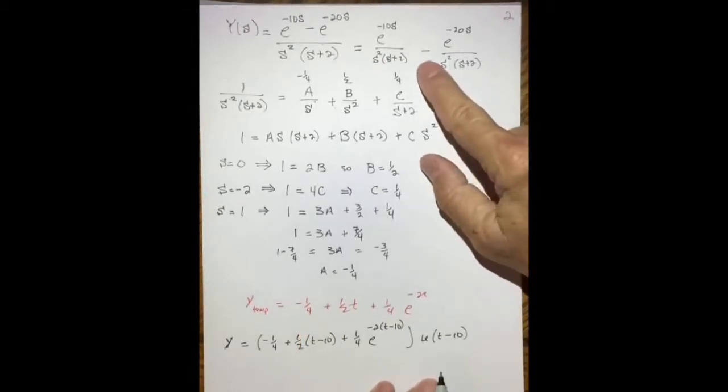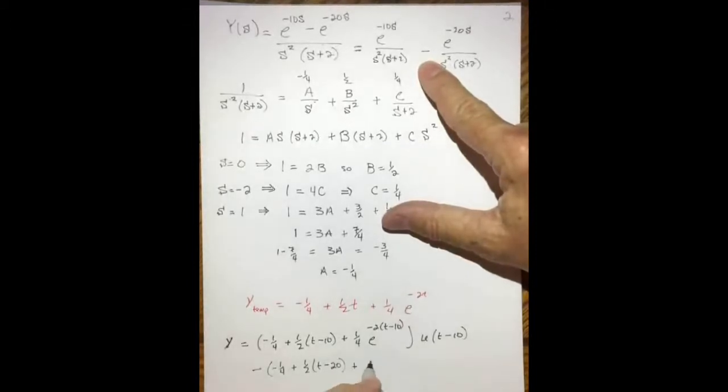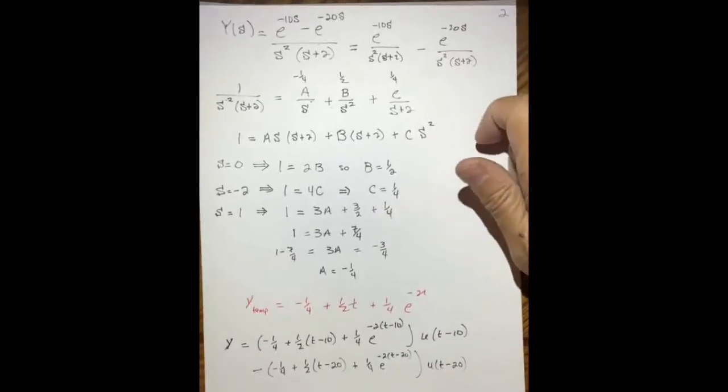Now up here we have a minus. So minus, now it's going to be the same thing, except this time I'm going to replace the t with t minus 20. And that's it.